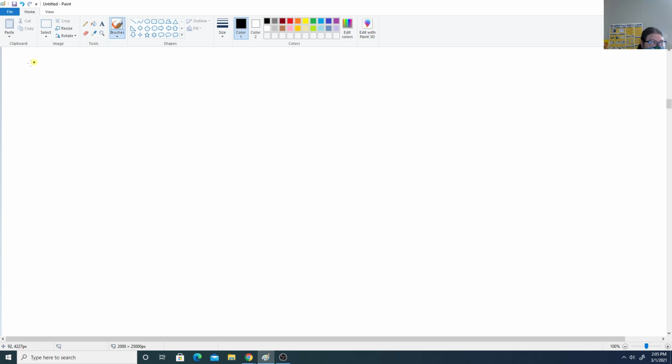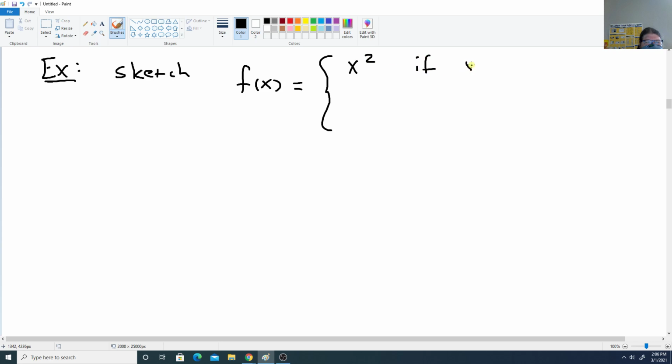All right, so for this example, we're going to want to sketch a function f of x that equals x squared if x is less than or equal to -1.